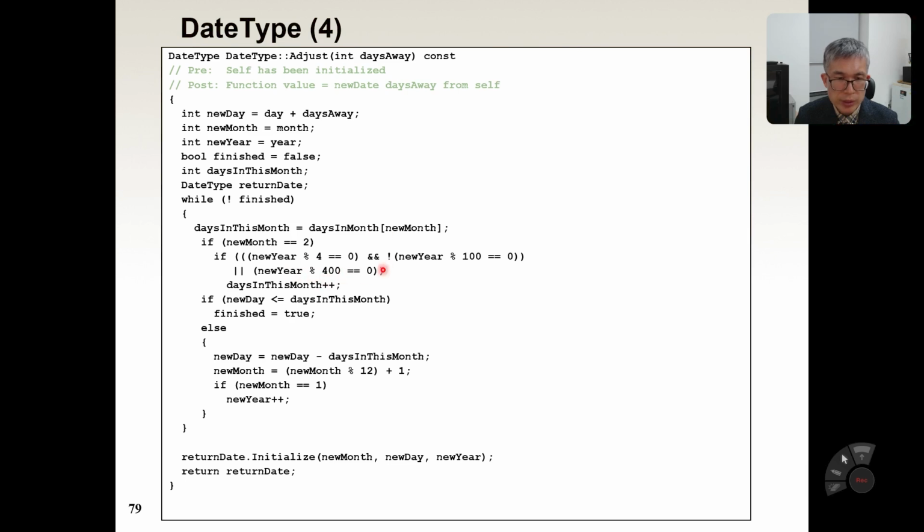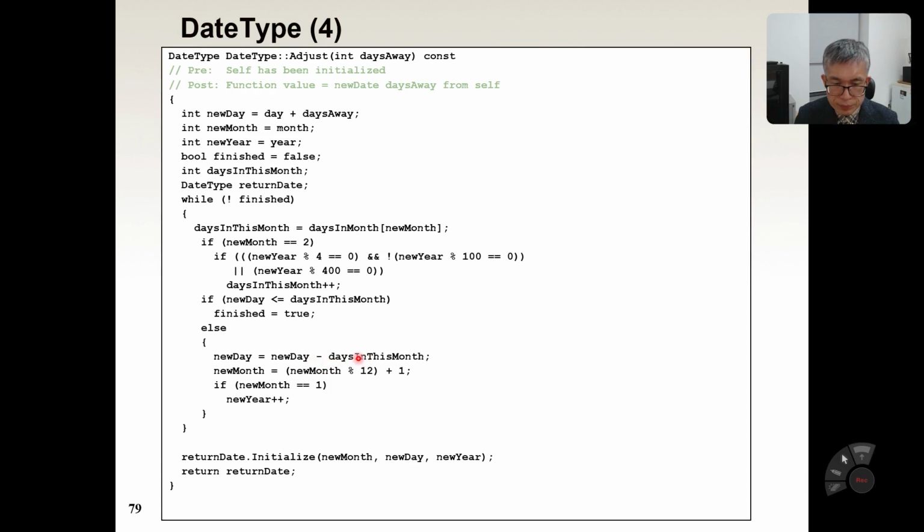This condition indicates the month's days should be increased. For 2024, February case, the number of days is 29, so we can check this kind of special month, February. Okay, and then if the new days is less than the days in this month, that case is true, otherwise we increase the month here. Instead of that we decrease: the new day minus the days in this month.